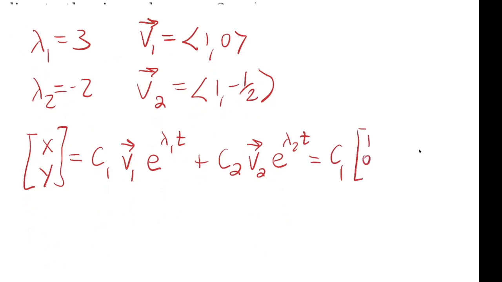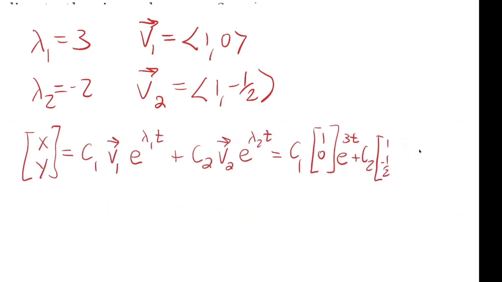So in this case, this would look like this. So we could write this out in vector form like that.